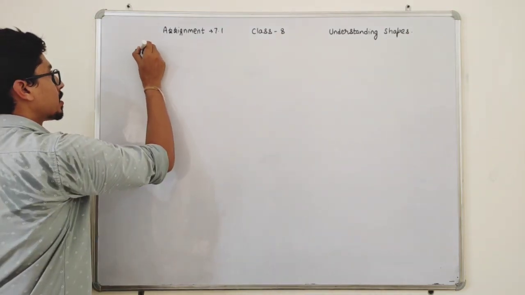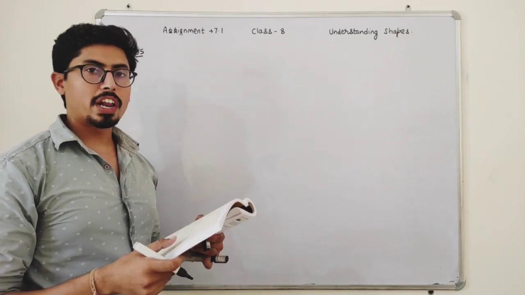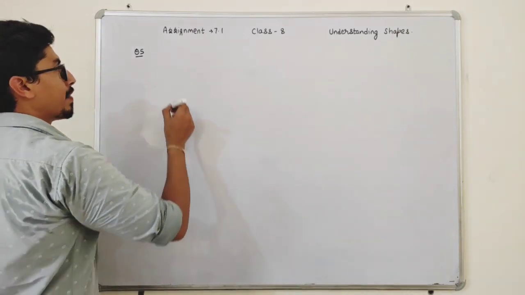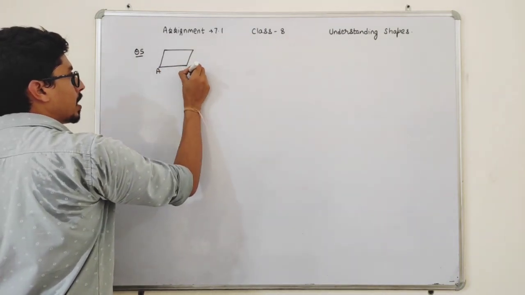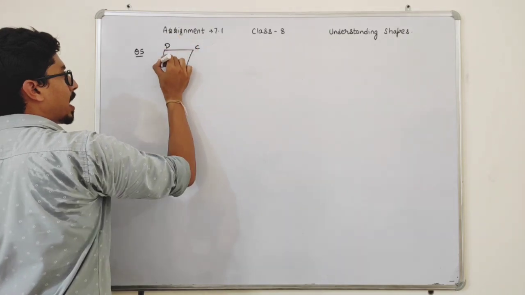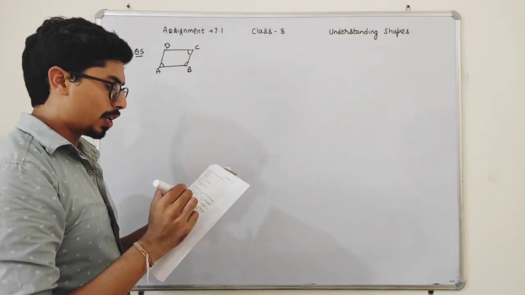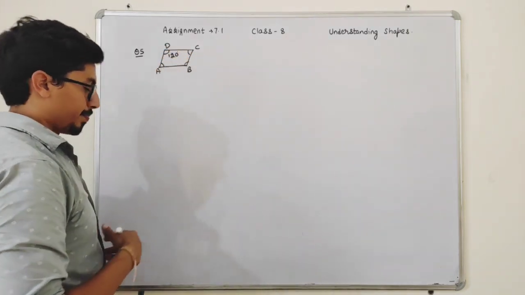Question number 5 is, the three angles of a quadrilateral are equal and the measure of the fourth angle is 120 degrees. If I draw quadrilateral ABCD, three angles are equal: angle A, angle B and angle C are equal, and the fourth angle is 120 degrees.